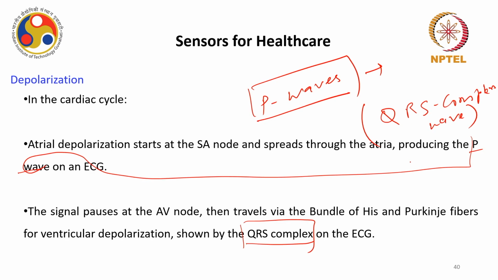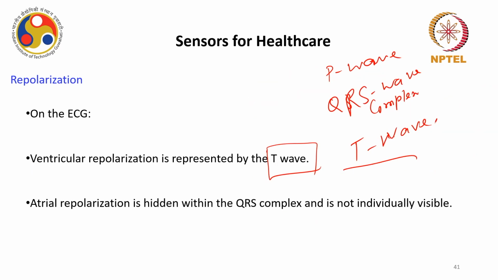So the P wave and QRS complex wave are during depolarization, and during the repolarization it is the T wave. Sometimes there are some U waves also. We'll see what that U wave is, but that is not a regular wave. Okay. Then the atrial repolarization is hidden within the QRS complex wave and is not individually visible.